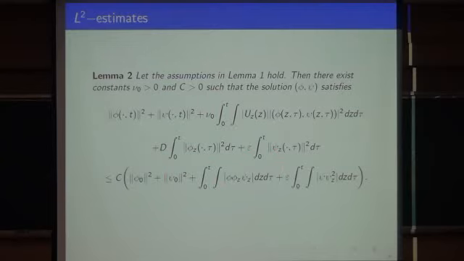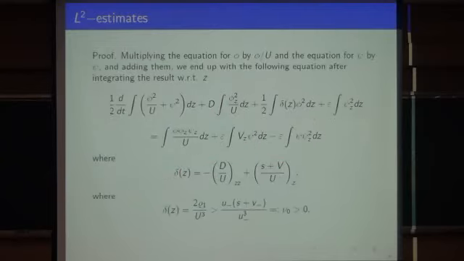As you may know, when you do energy estimate, the key step will be the L2 estimate. If you can do the L2 estimate, then you can do higher order estimates, because a higher order estimate is like the linearization of the nonlinear problem.